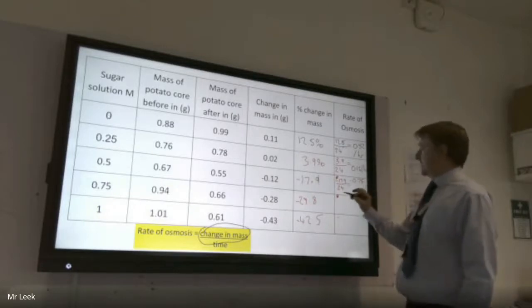So change in mass, what's the percentage change in mass? Is it 27.8?